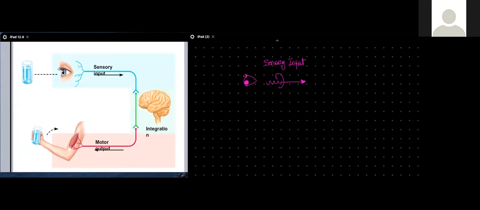So the nervous system will allow you to detect sensation. It allows me to have a sensory input. I'm collecting information from the outside through my receptors, and the nervous system will allow me to collect this information and will later process it.